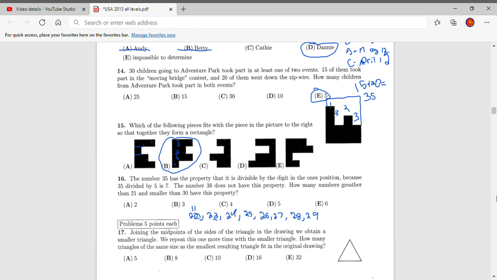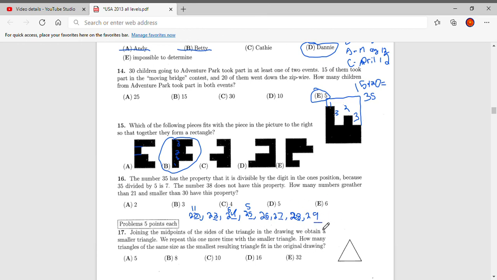So no. 24 works because 24 divided by 4 is 6. 25 works because 25 divided by 5 is 5. 26 is not divisible by 6. 27 is not divisible by 7. 28 is not divisible by 8.